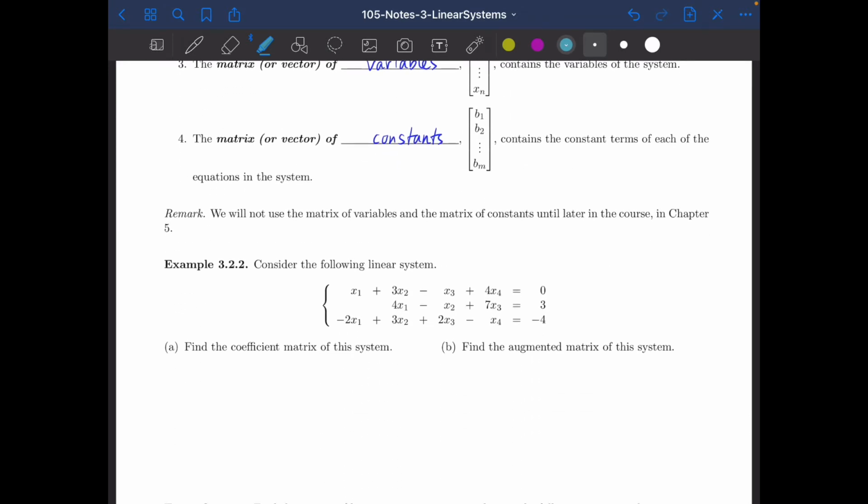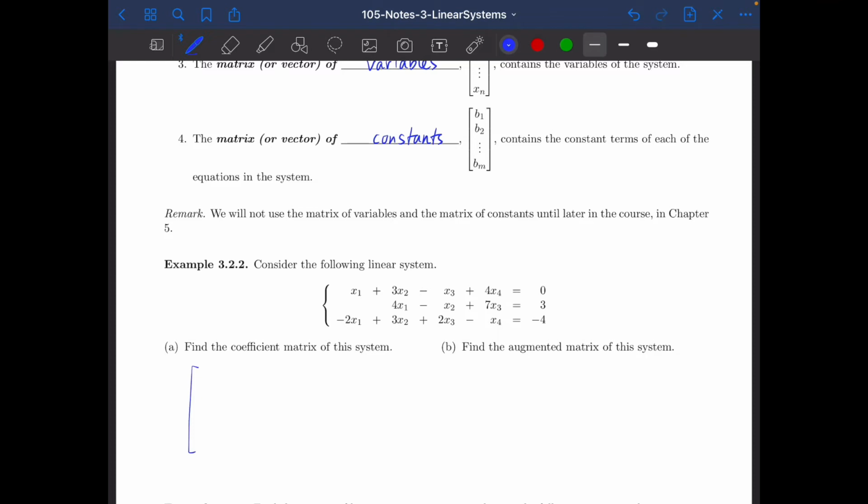Let's look at example 3.2.2. Consider the following system. In part A, we want to find the coefficient matrix of the system. This is the matrix containing the coefficients of the variables. Since our linear system has 3 equations, we know that the coefficient matrix will have 3 rows.